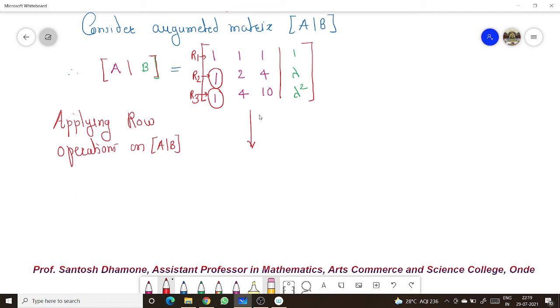In the first case, if the rank of matrix A is equal to the rank of the augmented matrix AB is equal to n, the number of unknowns, then it has a unique solution.